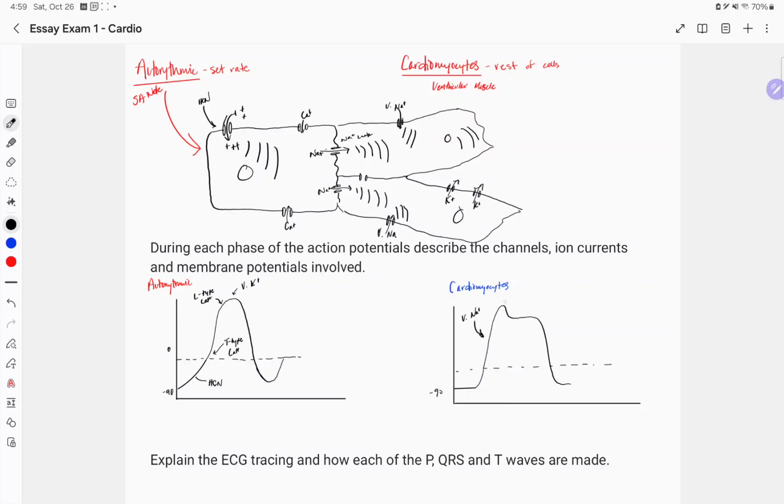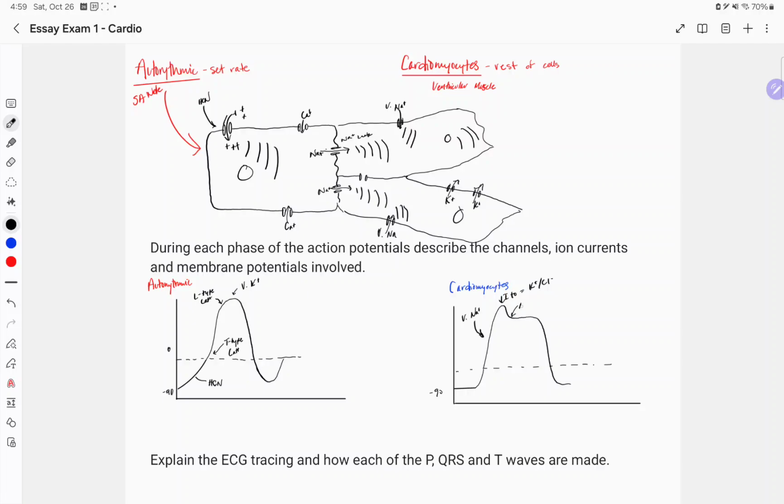We have our ITO channels that are opening here, and these are potassium chloride channels. So they're letting potassium out of the cell and bringing chloride into the cell, which is why it starts to become more negative.